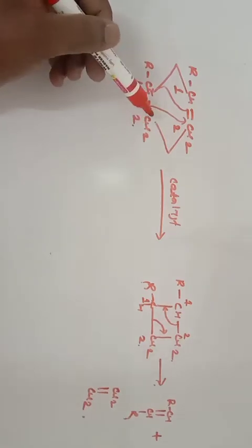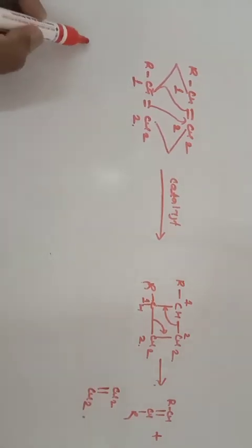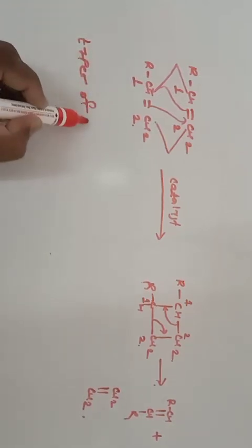So the new bond is formed, and this is called a metathesis reaction. For this reaction we require a catalyst. Before discussing the catalyst, we will discuss the types of metathesis.